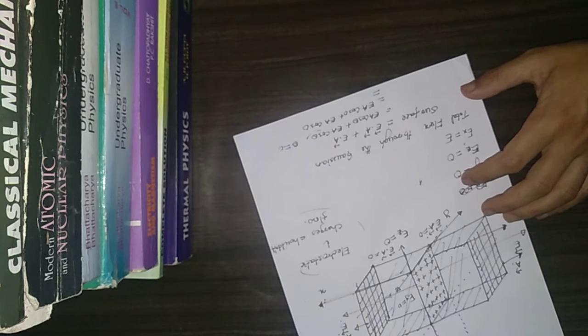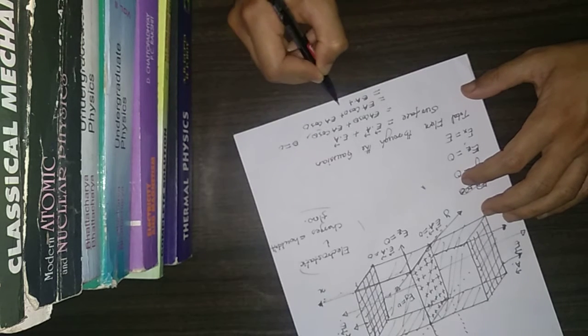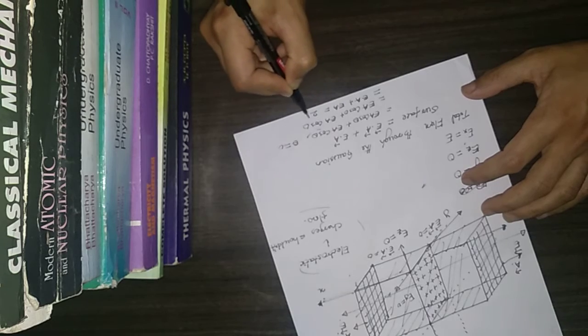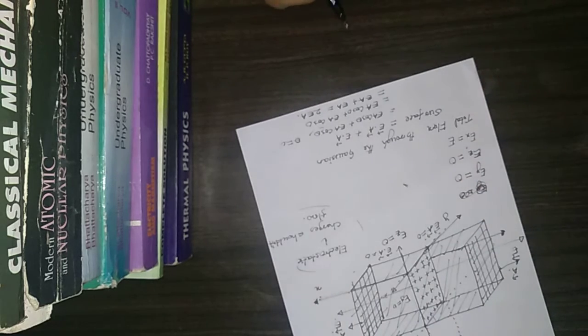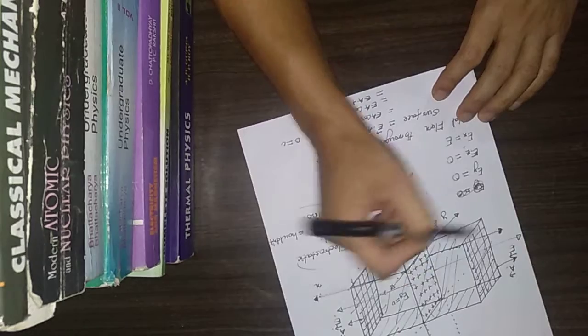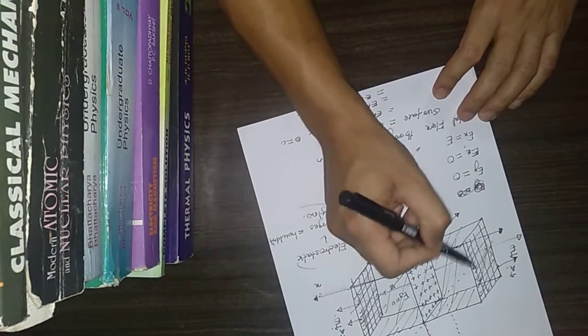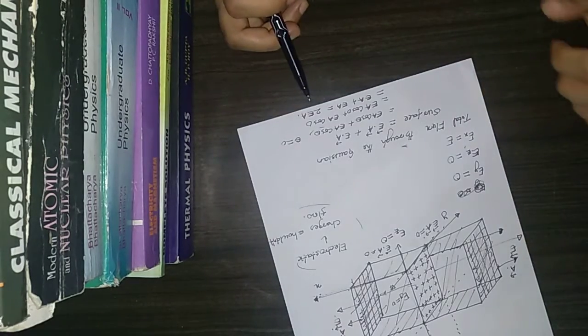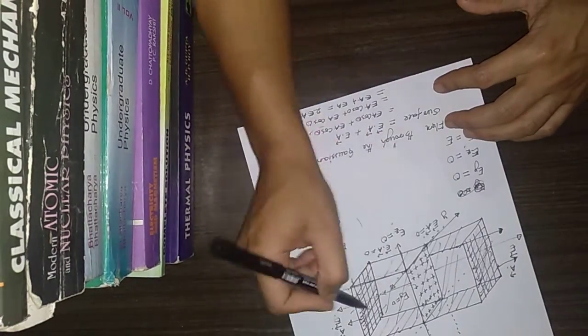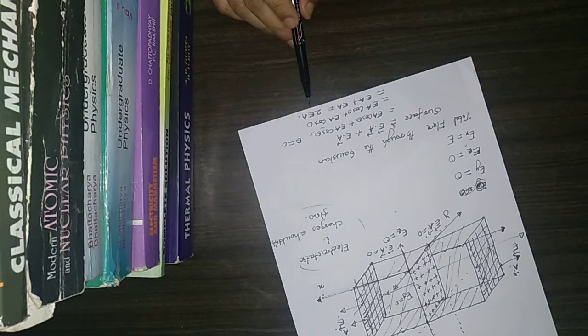So cos 0 is 1, so this is EA plus EA, equals 2EA. If A is the area of this surface and A is the area of this surface, then the total electric flux flowing out of these two surfaces will be equal to 2EA.